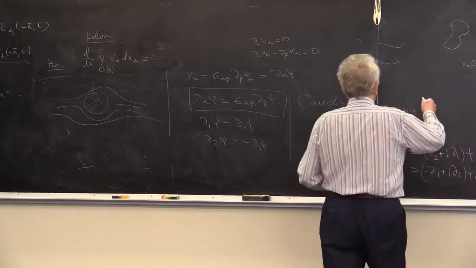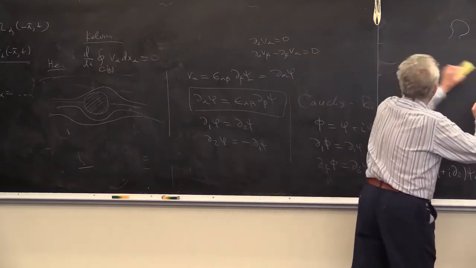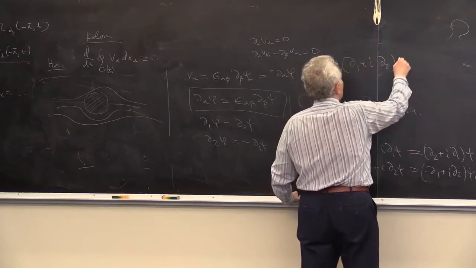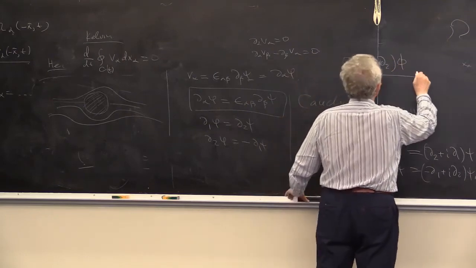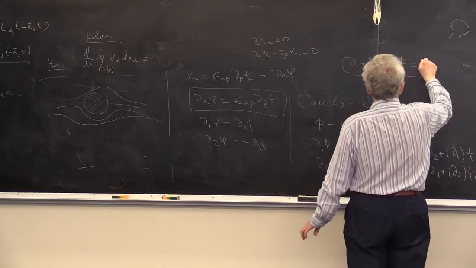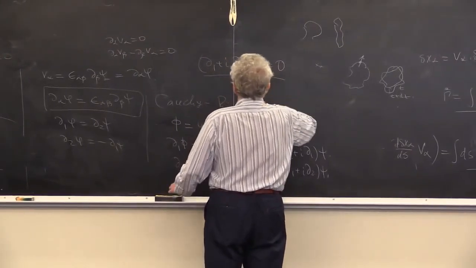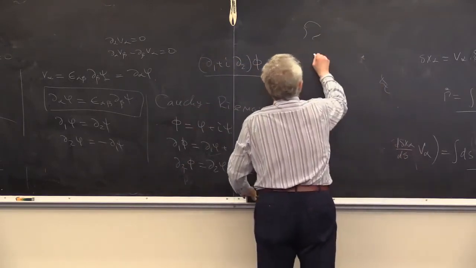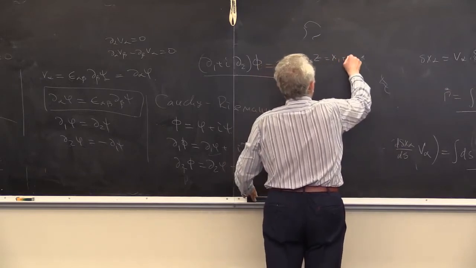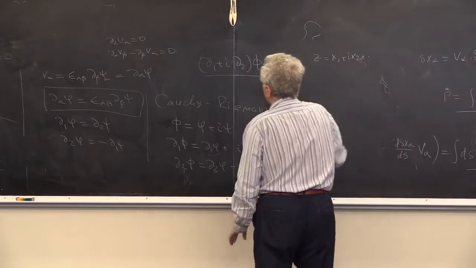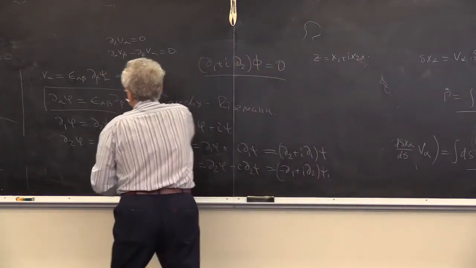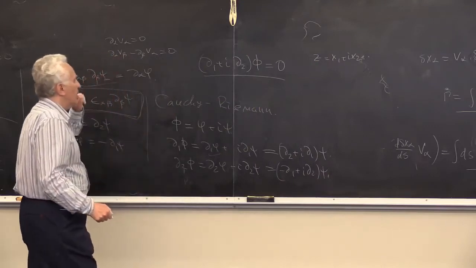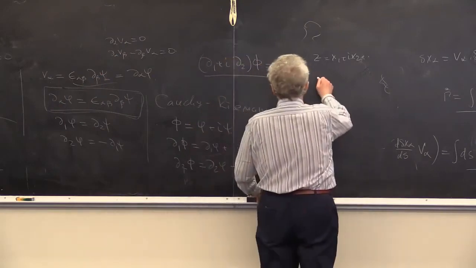So the result is that d1 plus i d2 applied to the complex potential is actually 0, which means that if you introduce complex variables and you introduce a complex function, this equation is nothing but, if you write it down in complex coordinates, very simple.